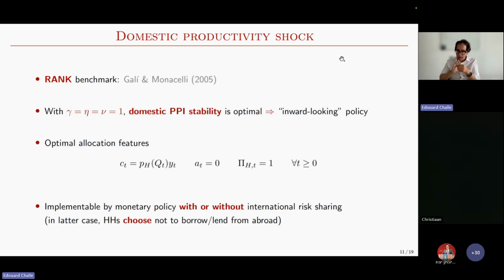One important property of the optimal allocation that is brought about by price stability is that domestic agents exactly consume national income. So there are no capital flows under Cole-Obstfeld elasticities and the optimal monetary policy. Okay, so stable prices, no capital flows, the representative agent consumes their national income.